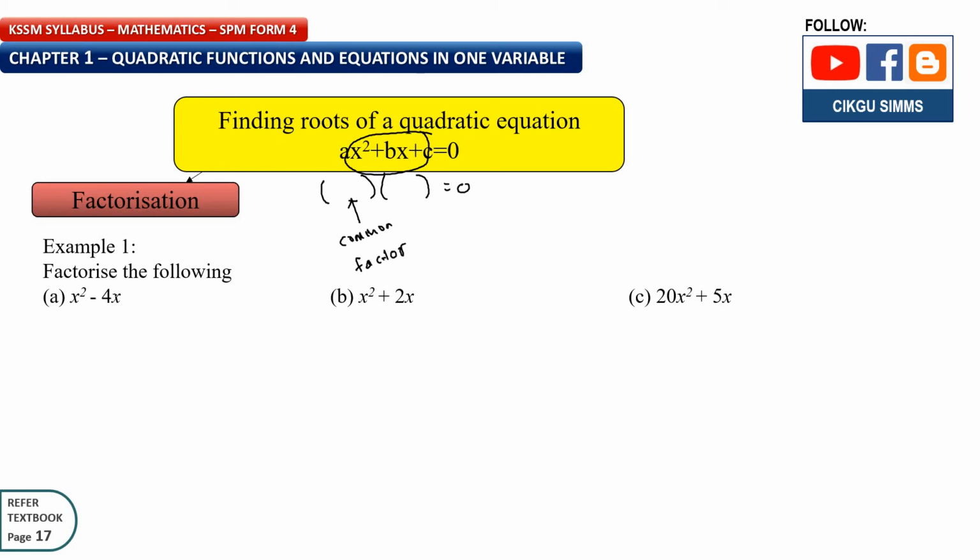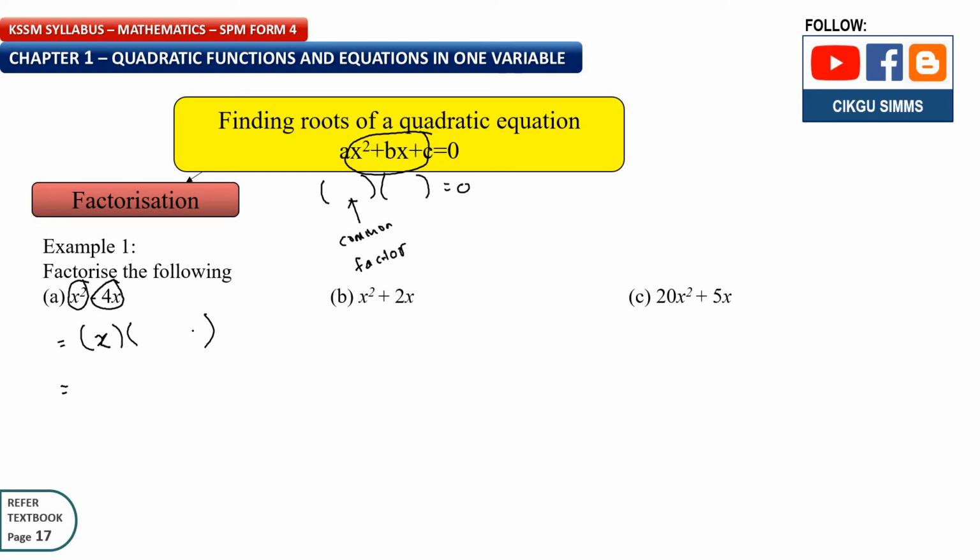Take x squared minus 4x. I will make two brackets first. This thing is the common thing, and I will bring it out. The first term is x squared, the second term is minus 4x. They both have x, right?